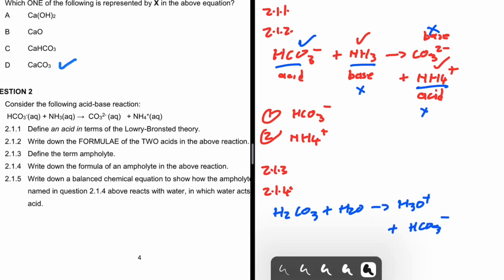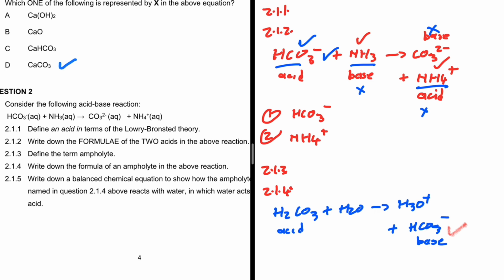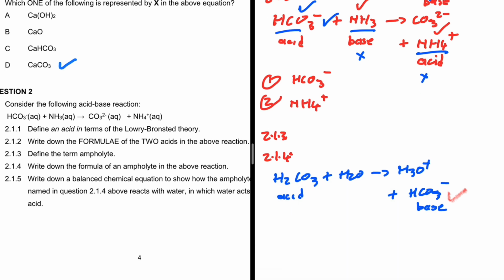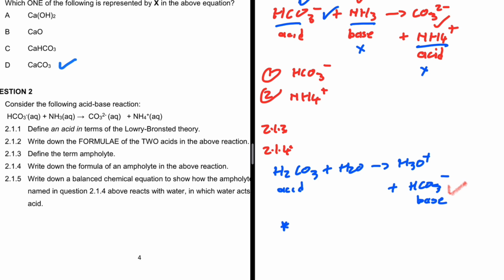So you can see that this is the acid and then this is the conjugate base, right? So in this case, it is acting as a base, but in our reaction, it is acting as an acid. So it can act as both an acid and a base. So 2.1.4, the answer is HCO3 minus. It can act as both an acid and a base, clearly.